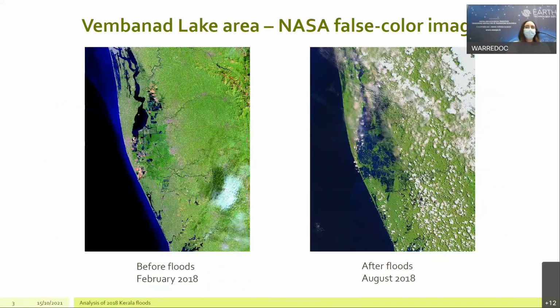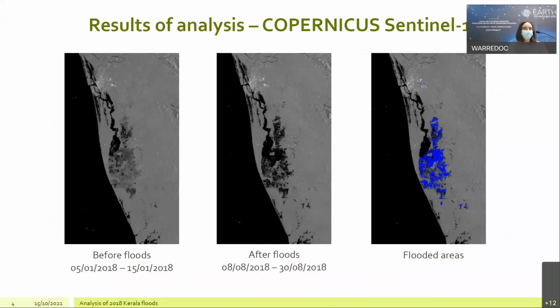Our case of study was the Vembanad Lake area. This is a NASA Earth Observatory image that shows before and after the floods. These are the images that we extracted from the Copernicus Sentinel-1 image collection before and after the flood, and the flooded areas.